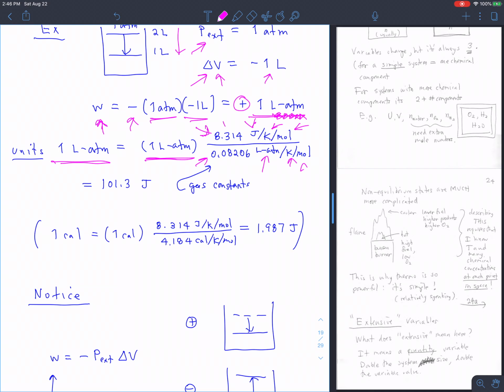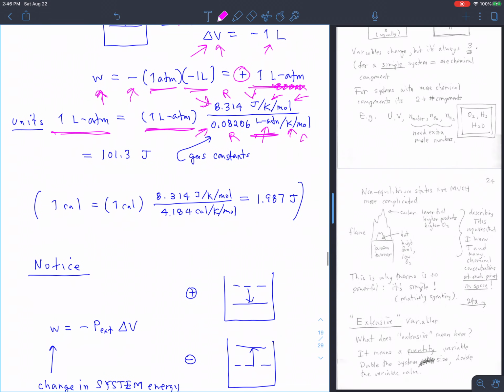This is R in joules per K per mole, this is R in liter atmospheres per mole per K, and you can see that they provide basically a units conversion factor between liter atmospheres and joules. That's the trick I'm using. The value you get is 101.3 joules.